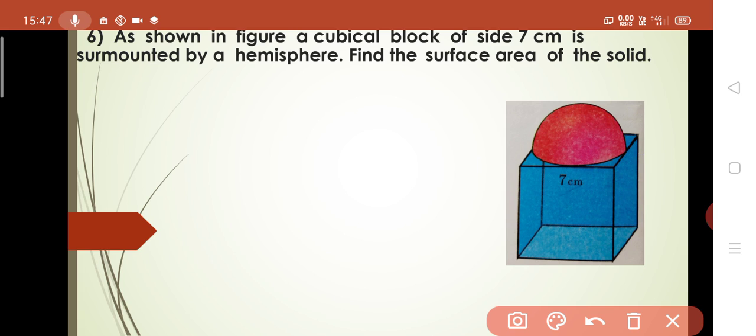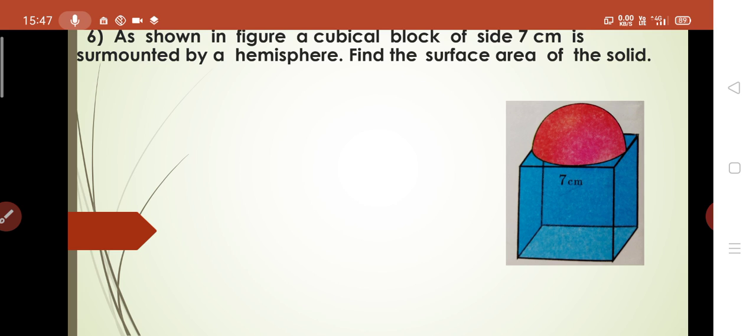We want to find out the area of this portion, a little corner, 4 corners, that area also we want to find out. In the top portion we should not find out the area of the cubical block.